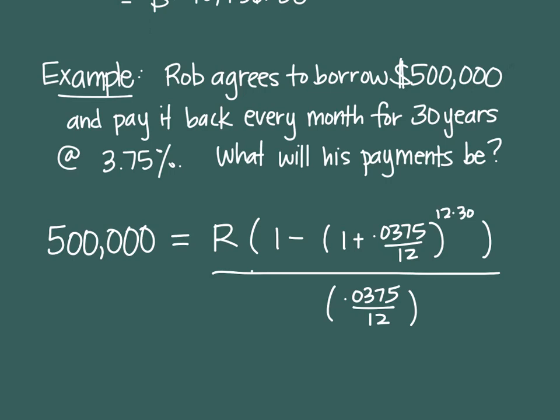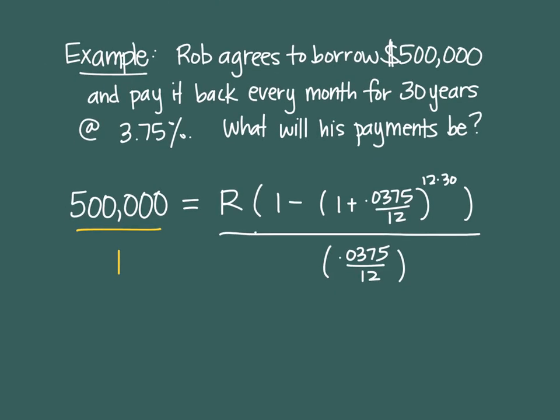Once you have this question set up, if I do this to you, 500,000 over 1, okay, all of a sudden it becomes a cross multiplication problem. So the 500,000 is going to get cross multiplied by that 0.0375 over 12.